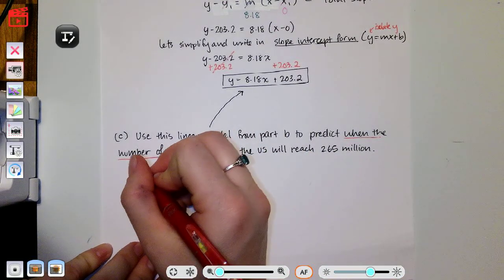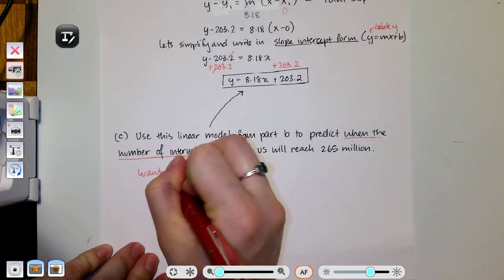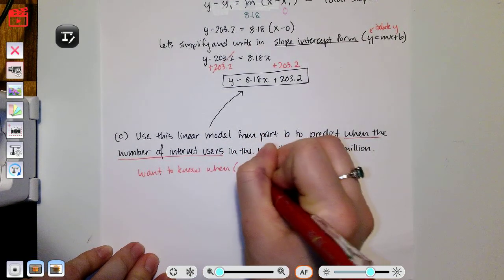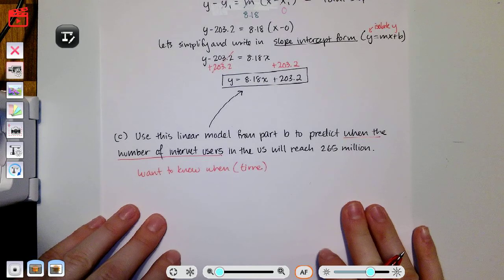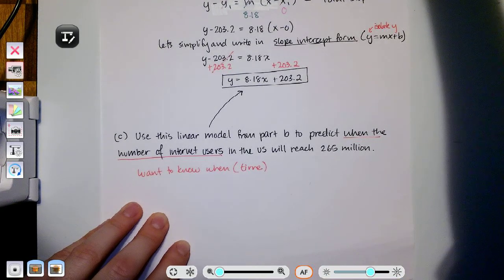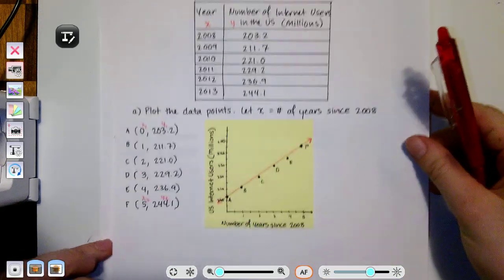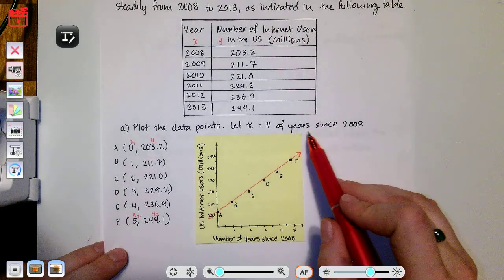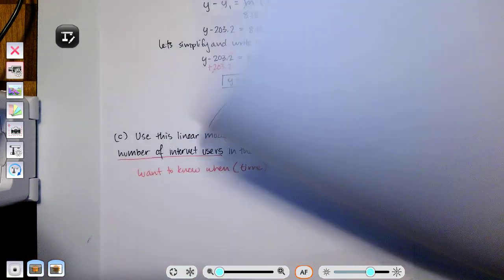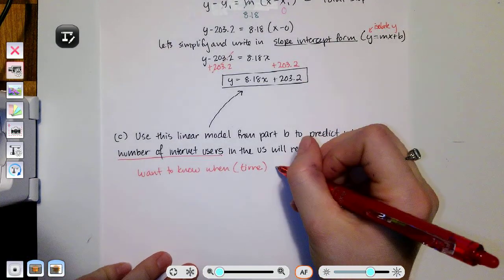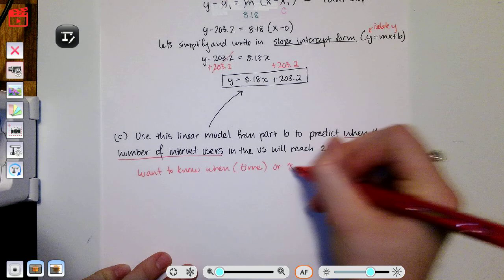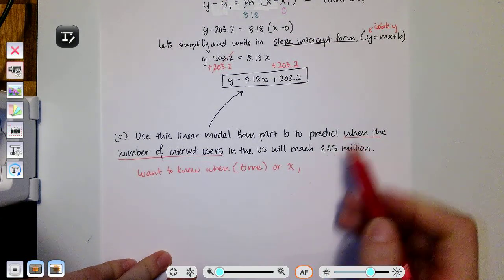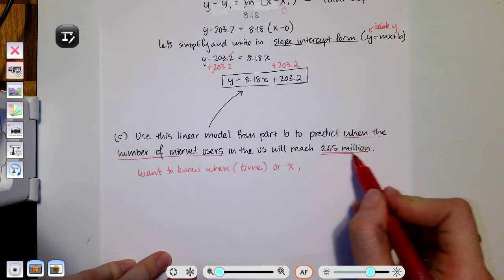And for our problem, if we go back to look at our information, the x values are the number of years. So we want to find time, or the x value. And the US million population, that was talking about our y values.